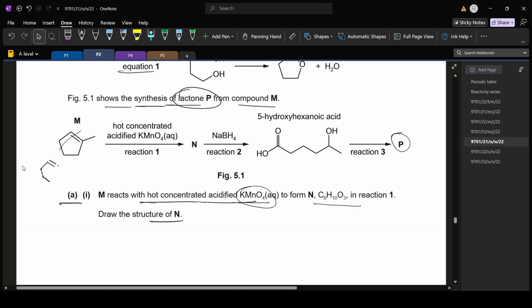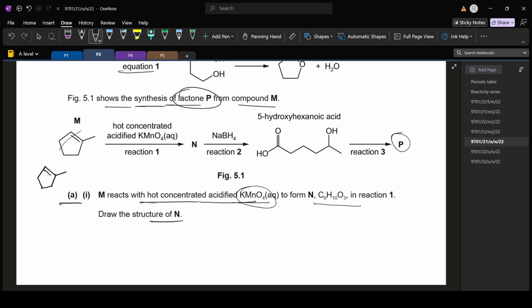Let me give you just a second to draw the structure so I can explain clearly.